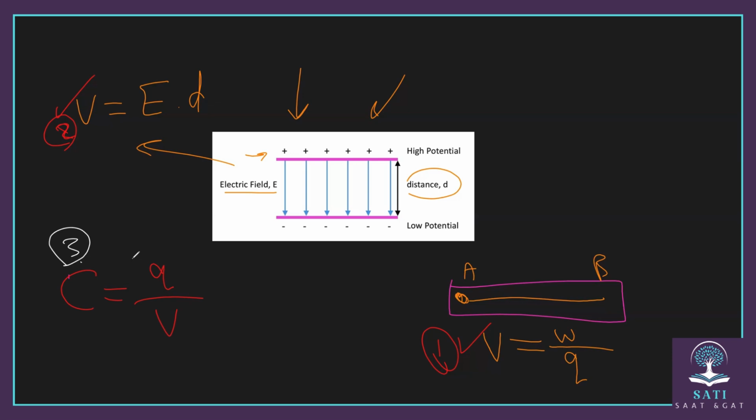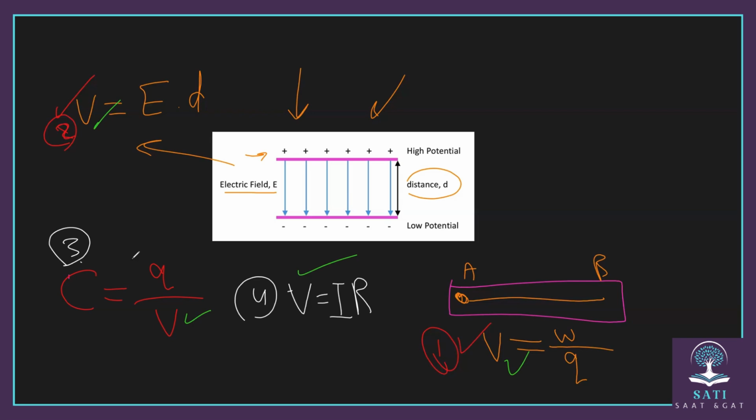And there is a fourth formula, which we will use in next sessions: the voltage equals I, the current, times the resistance, R. So you have four main formulas related to the voltage.